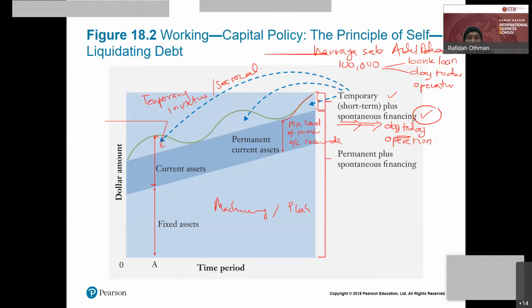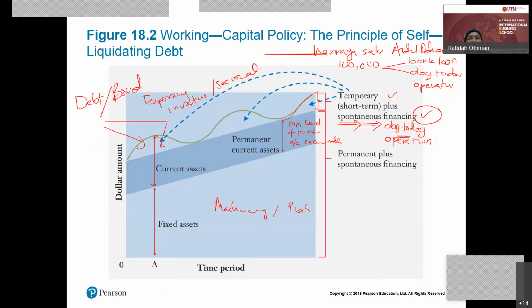You can do that. But it is not advisable for you to finance this seasonal or temporary investment in asset using long-term financing, meaning that you can't be issuing a bond for Hari Raya sale, because this is only short term and it is seasonal.